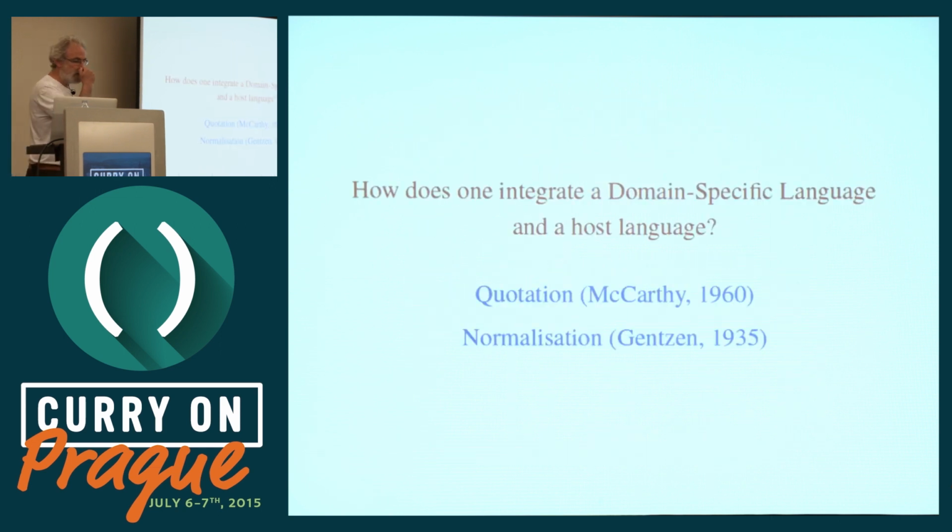So just to conclude, right, how does one integrate a domain-specific language and a host language? There are many ways of doing it. What I've shown you is a technique called QDSL. It's not a new technique. It's used in LINQ. It's used in Scala. It's used many places. But the name, I think, helps to extract this idea as one of the things to keep in our toolbox.